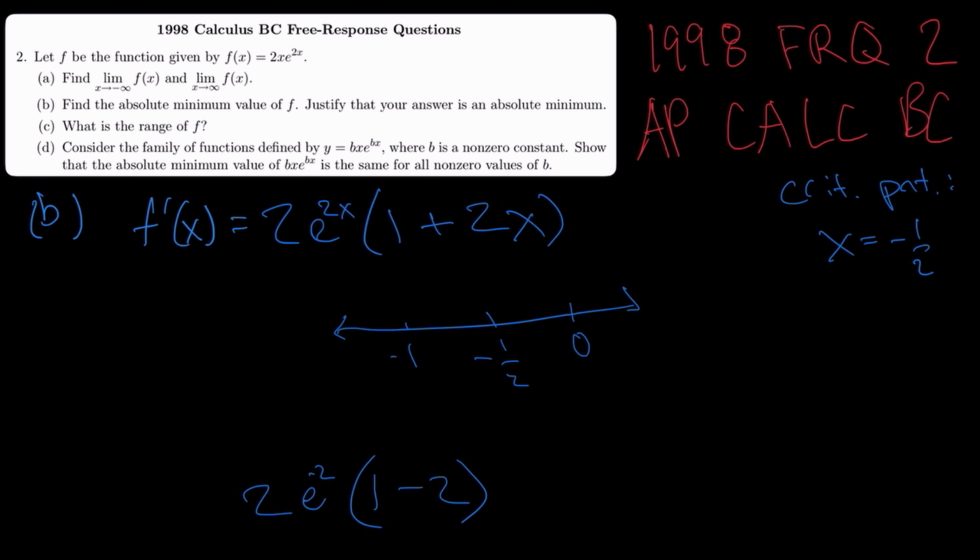So the slope at that point, or the derivative, is negative. And at 0, we will have 2e to the 0 times 1 plus 0, which will be positive. So the derivative will be positive after negative 1/2.